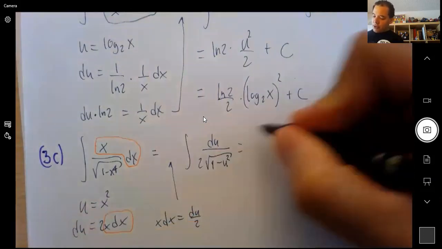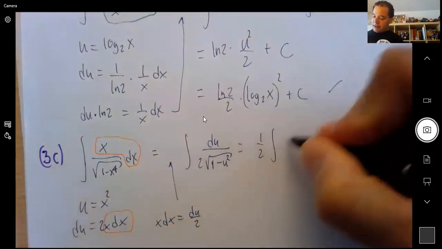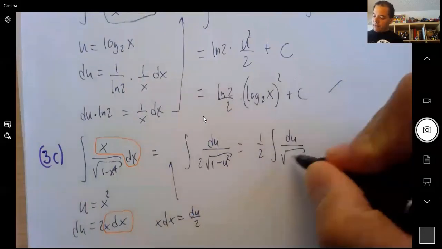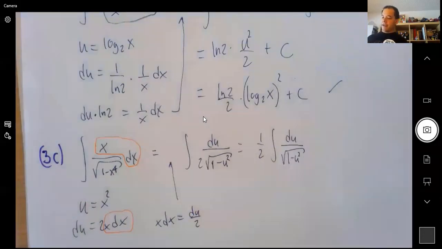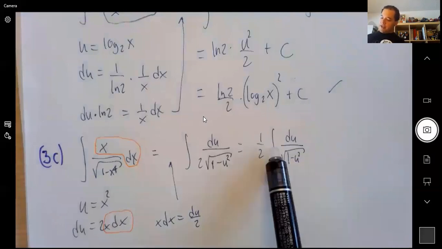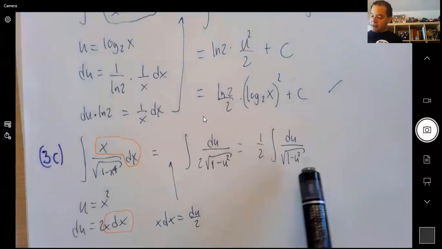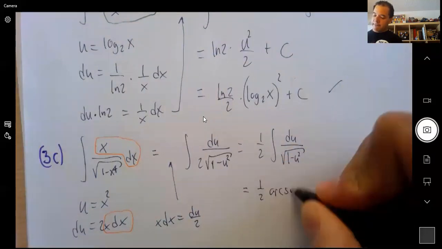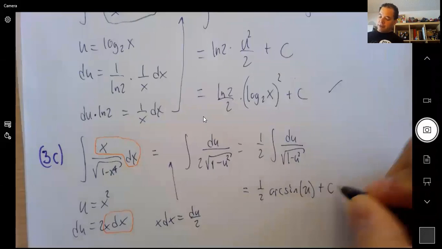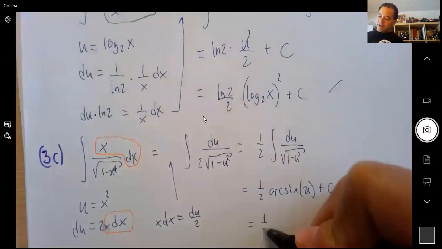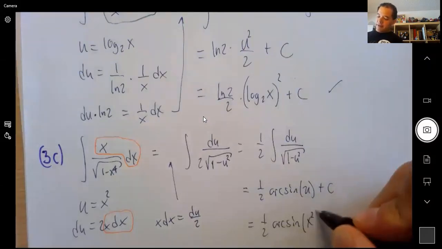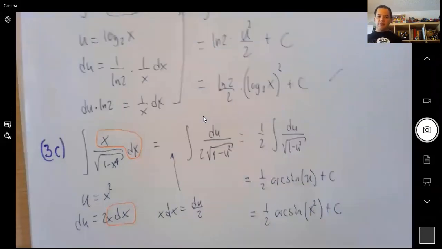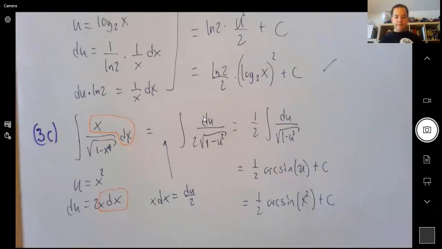So take the 2 out, so that's a 1/2. And now we got a formula we know, right? This one looks like the derivative of arc sine. So therefore, the integral of this becomes arc sine or inverse sine. And u is x squared, so this is 1/2 arc sine of x squared plus c. All right? Is that clear?